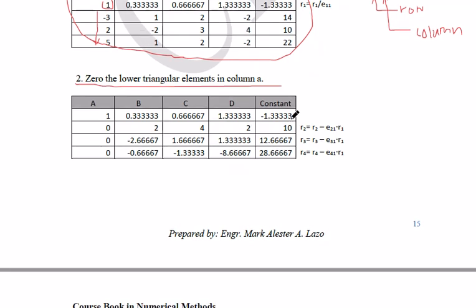So back here, our step number 2 is to zero the lower triangular elements in column A. If you have noticed, this is column A. Below 1, we need to make these elements into 0.